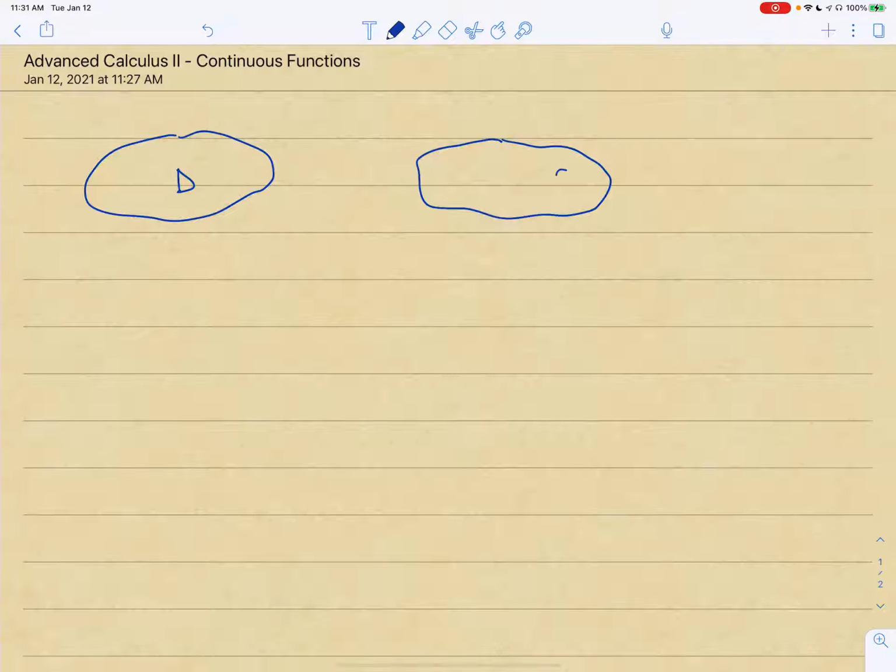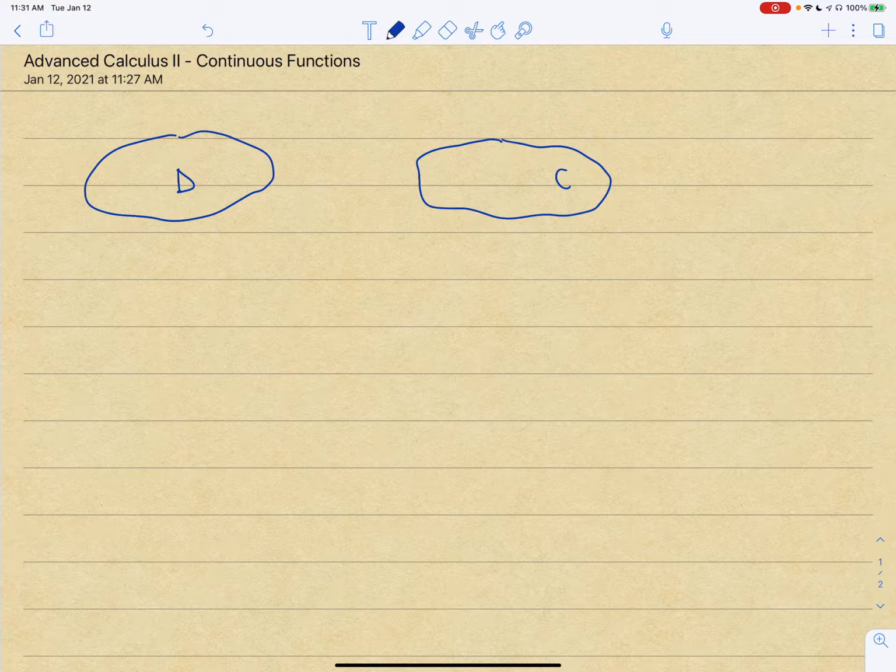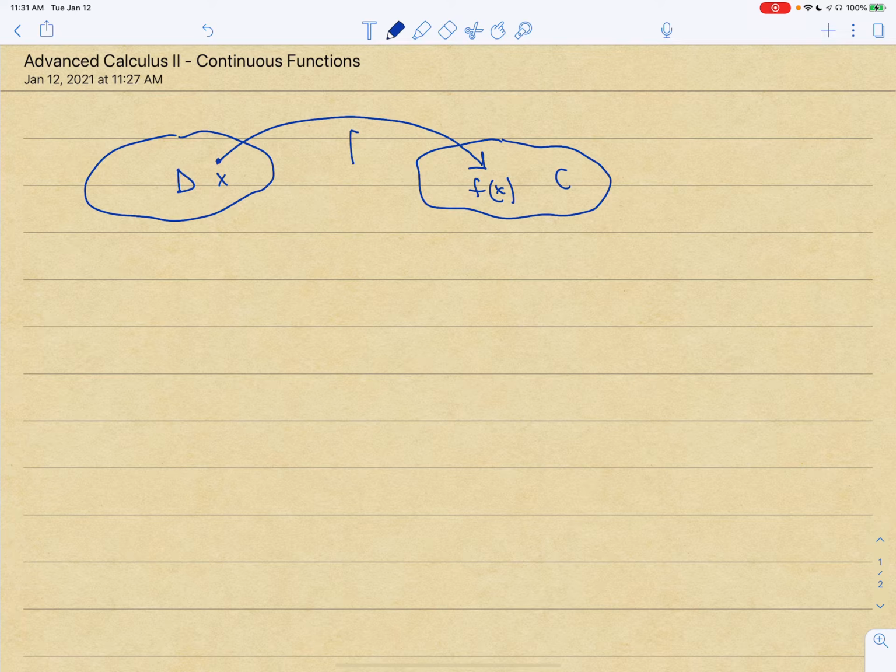Let's call this C. And then the function is a rule which will assign to each point in D some point in codomain C. So if x belongs to D, then this would be f of x. f is a rule.